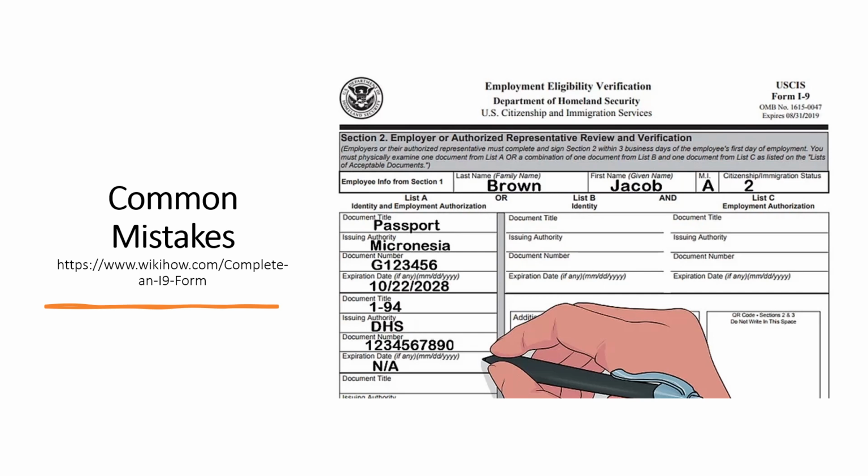Okay, so one of the biggest mistakes I do see is this. If you see in this picture, I don't see this part filled out. When I'm auditing personnel files and I-9 forms, I don't see this part of the form filled out.